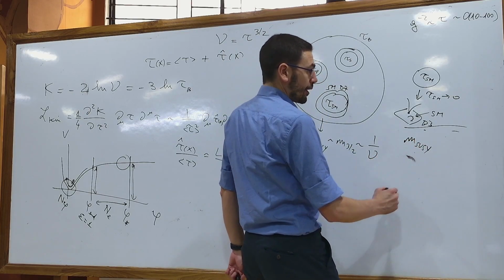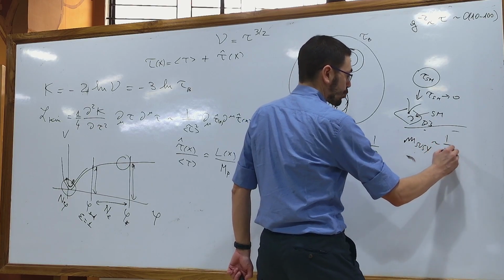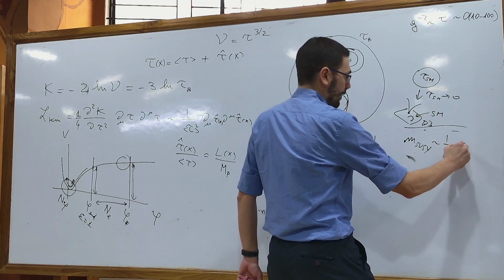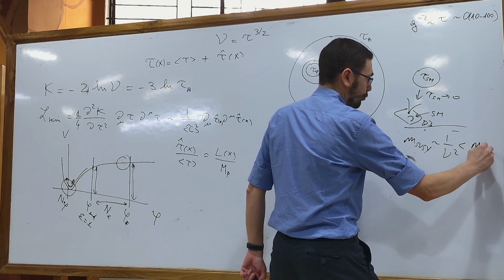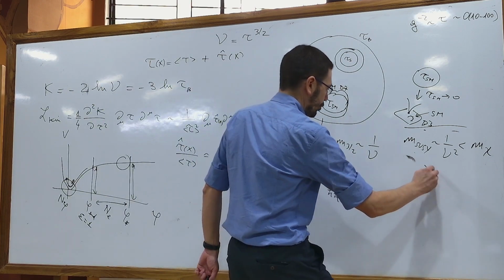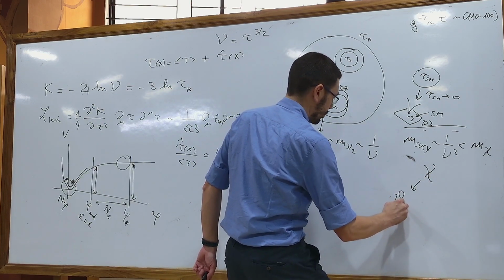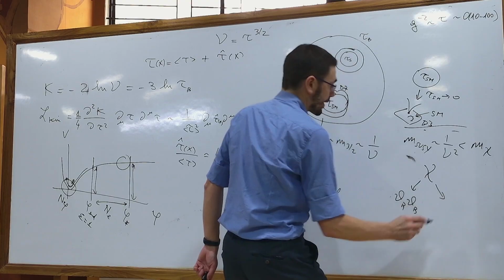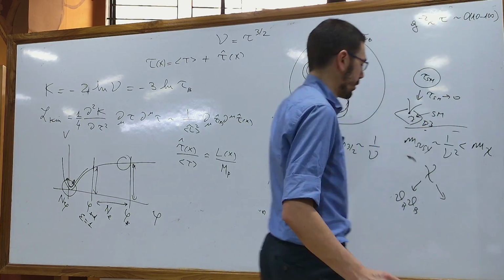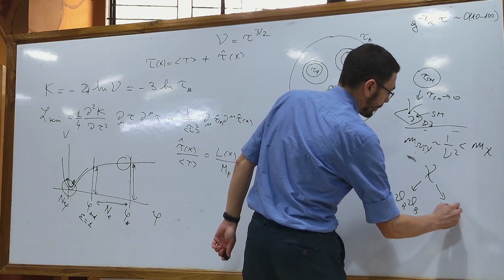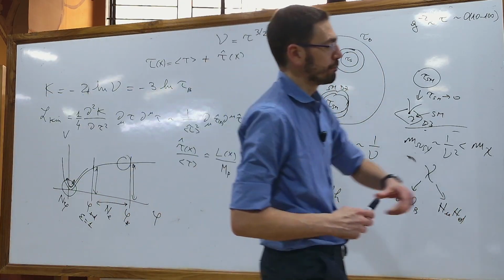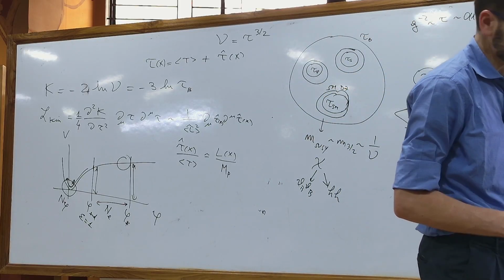So m SUSY, in this case, goes like 1 over volume squared. One has to compute that, but believe me. And now this is smaller than the mass of chi. So chi can decay, so that will be a situation where it decays into theta big, but now it decays into minimal supersymmetric standard model Higgses. This will be H up and H down. So there are different decay channels, and they can be computed and they are there.